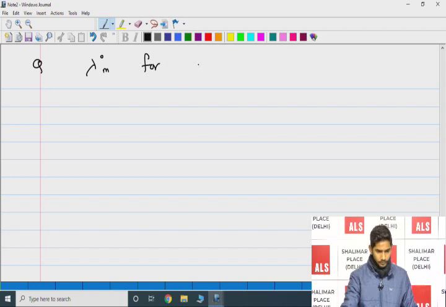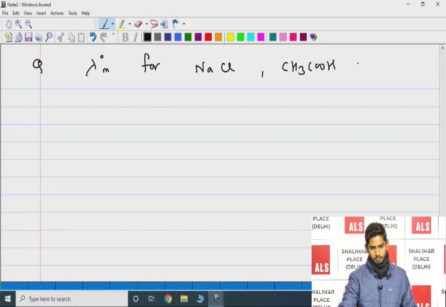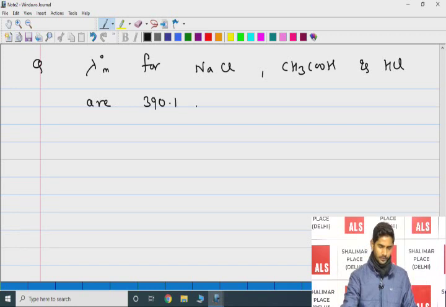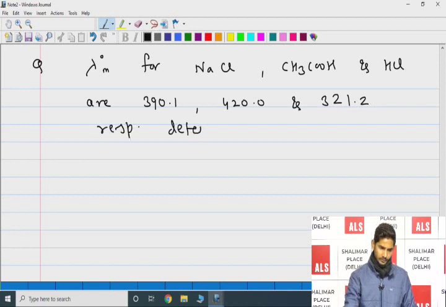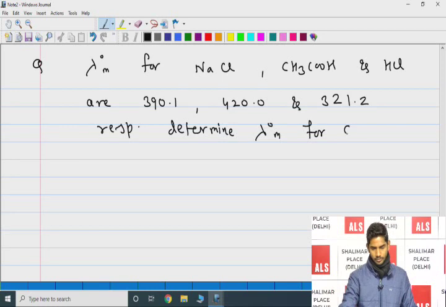For NaCl, CH3COOH and HCl, the values are 390.1, 420.0 and 321.2 respectively. Determine lambda naught m for CH3COONa.